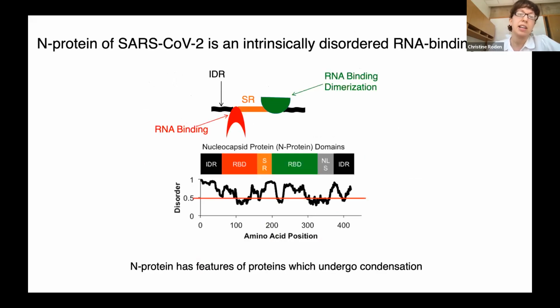So I'm going to tell you today that N protein of SARS-CoV-2, which is one of the viral structural proteins, is an intrinsically disordered RNA binding protein, which has the features of proteins which undergo condensation, including two very highly characterized and conserved RNA binding domains and a high degree of disorder.